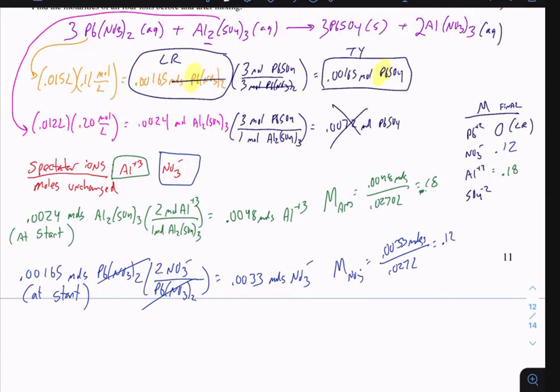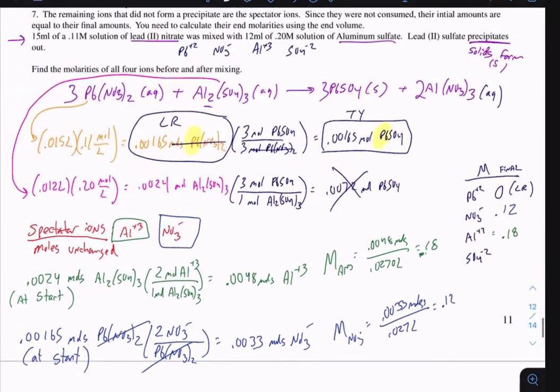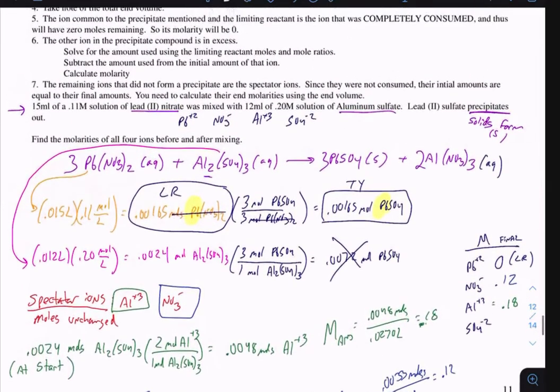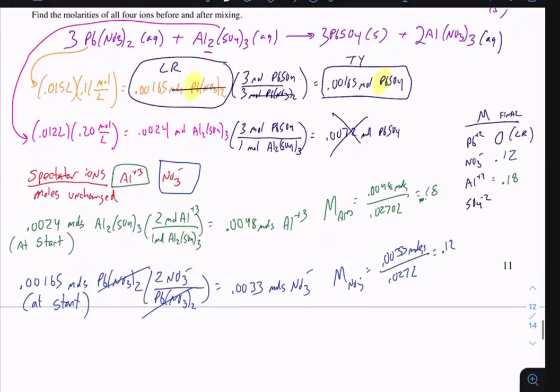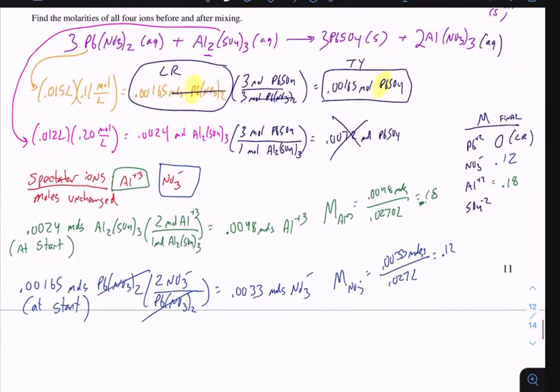Question, Ron? When it says calculate the molarity before mixing, would you use the molarity when they're originally in the solutions, or when they're poured together but the reaction hasn't occurred? So when it says calculate the molarities of all 4 ions before and after mixing. Oh, okay. Before, it's kind of silly to ask, because the molarity is already labeled on the bottle, right?